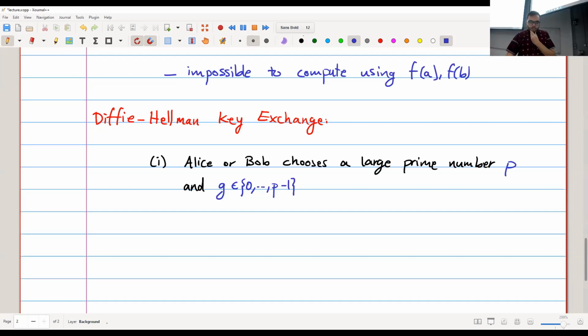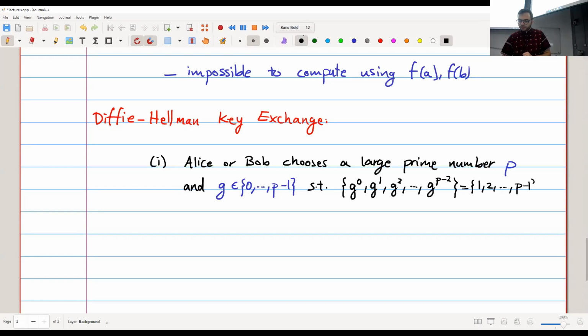But I want to find a number such that it has this very nice property that I will use later. I want to say that if I look at the set of all the powers of this number g, g to the power of 0, g to the power of 1, g to the power of 2, and so on, all the way to g to the power of p-2, this should give me all the possible remainders. So this should give me 1, 2 to p-1.